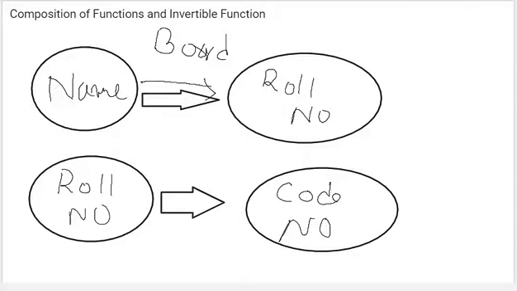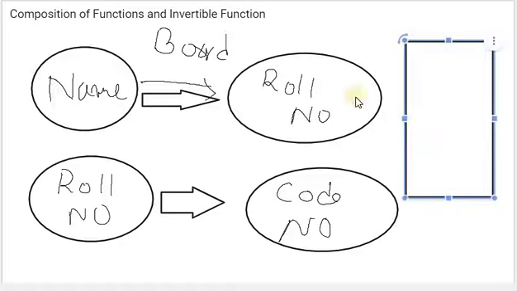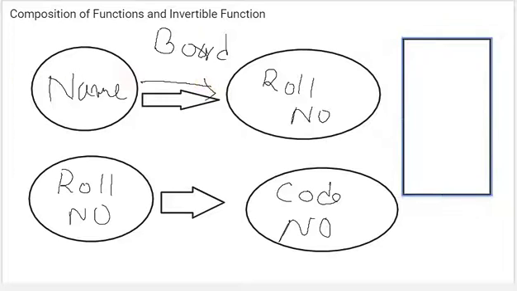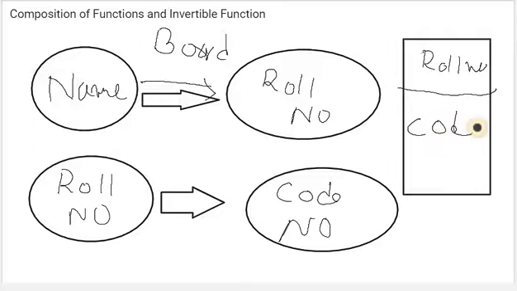So this is your answer sheet. You will put your roll number there. The board will remove this roll number from your notebook and they will put a code number.